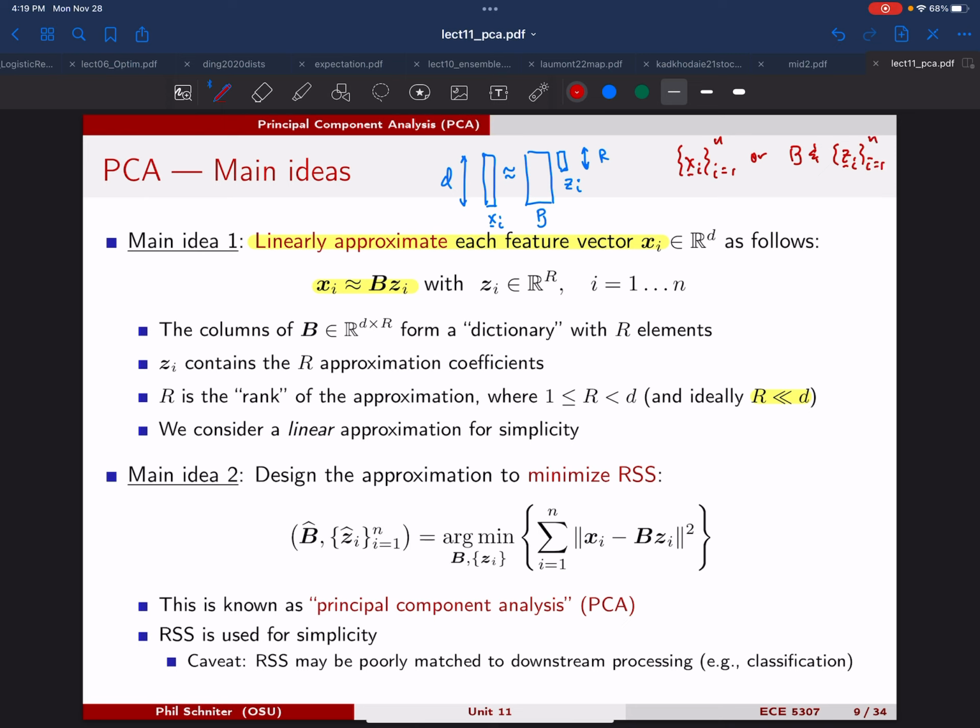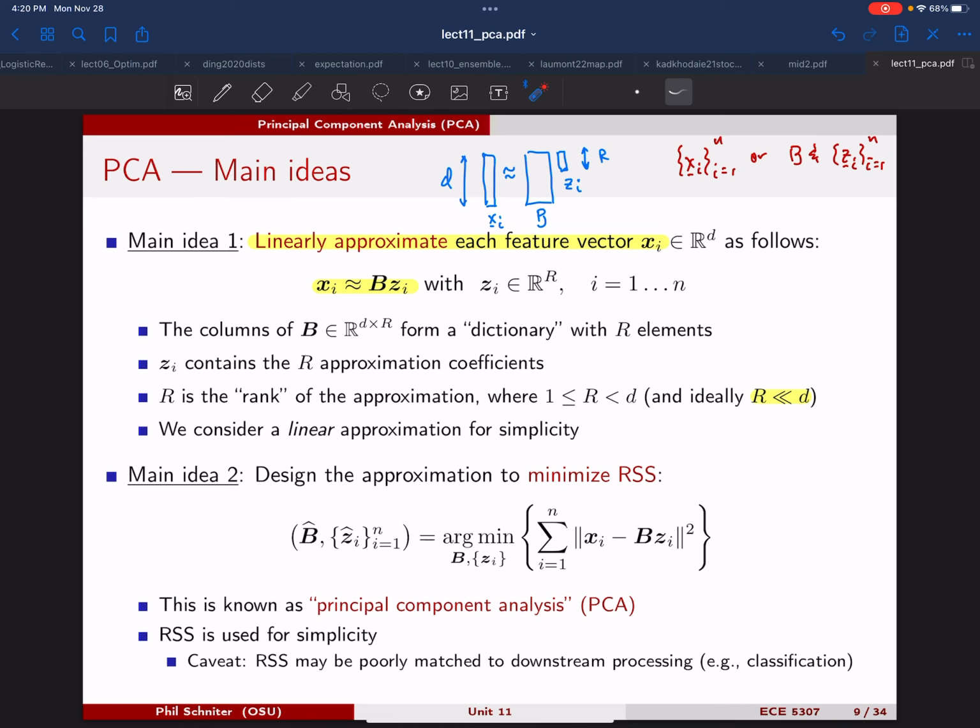And if you have a lot of samples, the extra cost of storing this matrix B, which is like your dictionary, is not very large. But there's way more values in that set than there are in this set, because each of these has dimension D, whereas these have dimension R being much less than D. And so overall, by working with this representation, you save a lot of storage over working with this representation.